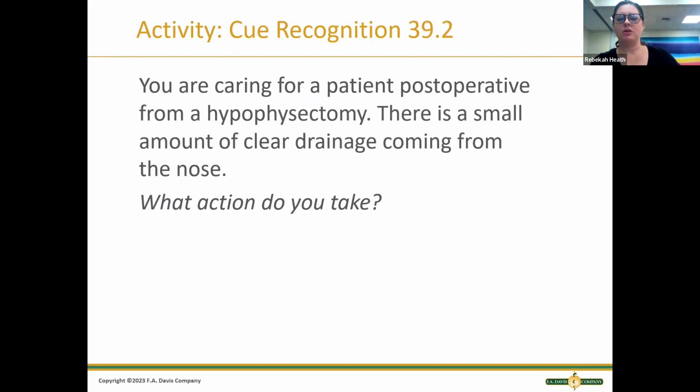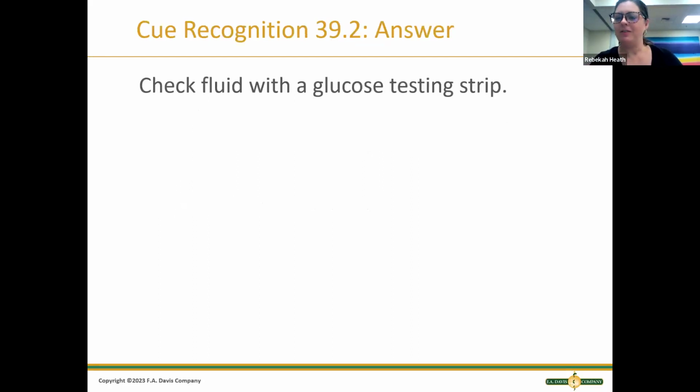All right, cue recognition. I do want to do this one. You're caring for a patient who got a hypophysectomy, so with the pituitary. There's a small amount of clear drainage coming from the nose. What do you do? Well, if it's just a little bit of clear drainage, you're wondering, is this cerebral spinal fluid? You check with a glucose strip, just like you would check somebody's blood sugar, but you run that test using the drainage from the nose.